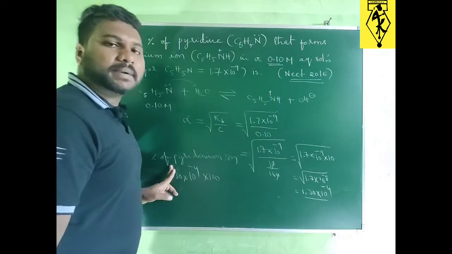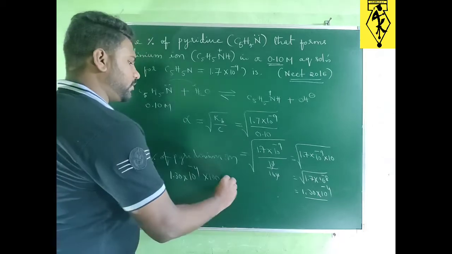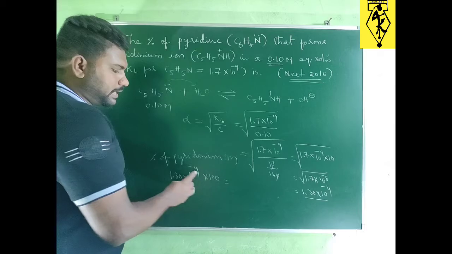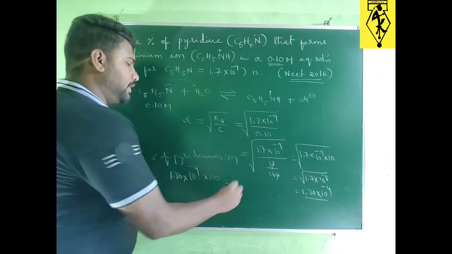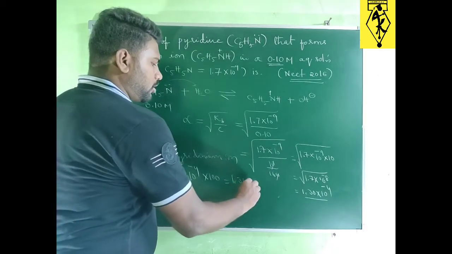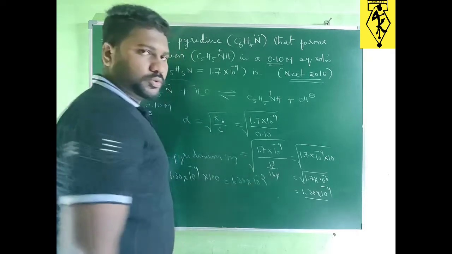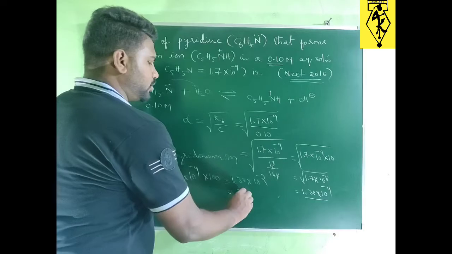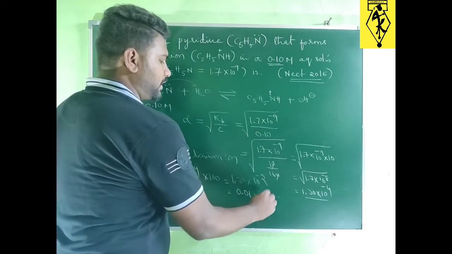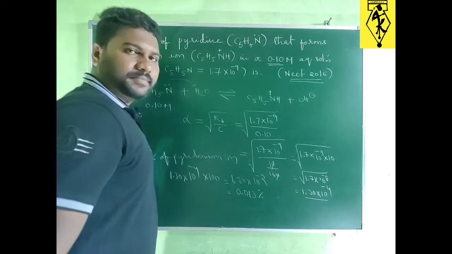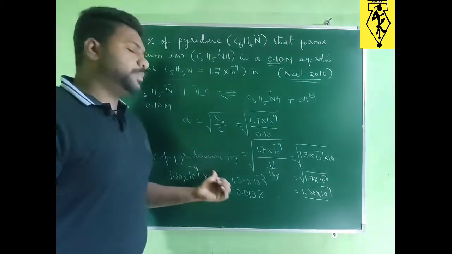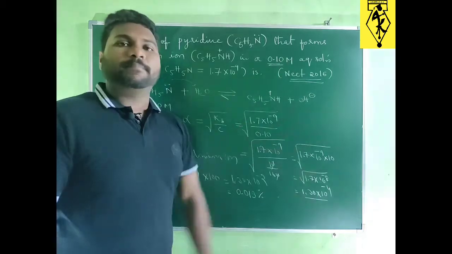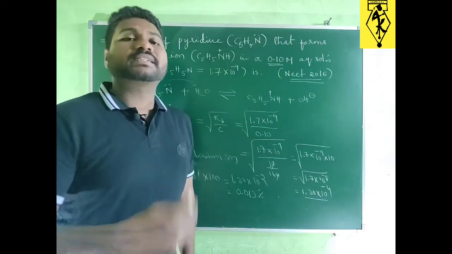We are calculating percentage, no, 100. 100 can be written as 10 square. So 10 square and 10 power minus 4 becomes 10 power minus 2. If you calculate this one, you are going to get 0.013 percentage. This is the percentage of pyridinium ion in 0.10 M solution. Clear? We'll discuss the next problem.